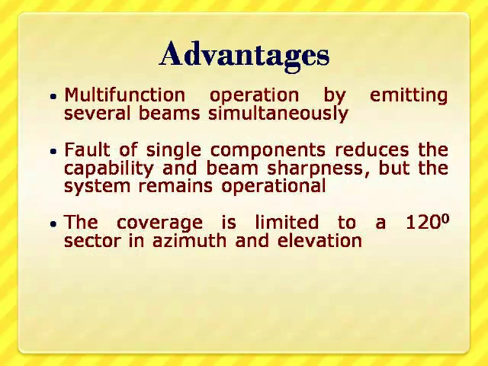The other advantages that can be quoted are multifunction operation by emitting several beams simultaneously. Fault of single components reduces the capability, but the beam can still be used to a certain extent of inefficiency. Then the coverage is limited to a 120 degrees sector in azimuth as well as in elevation if we handle a planar array.